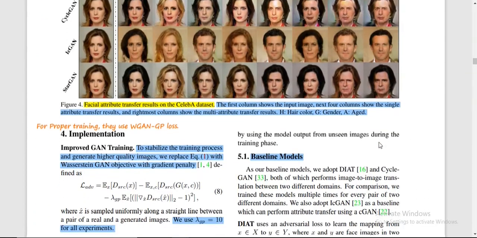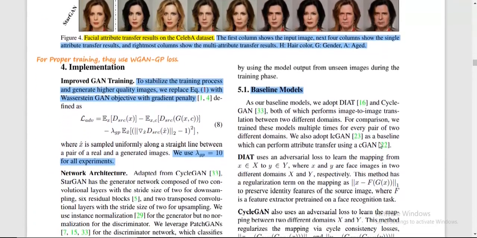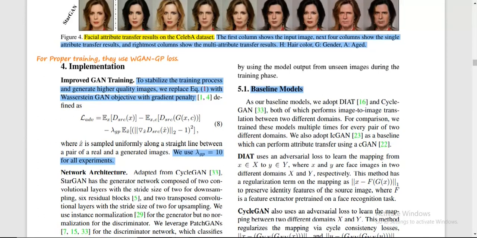For the implementation, they said that we use the Wasserstein GAN objective with gradient penalty, that is WGAN GP, as the adversarial loss, right? And we use a gradient penalty weight equal to 10 for all experiments, and I think in the original WGAN GP paper they also set this gradient penalty to 10.